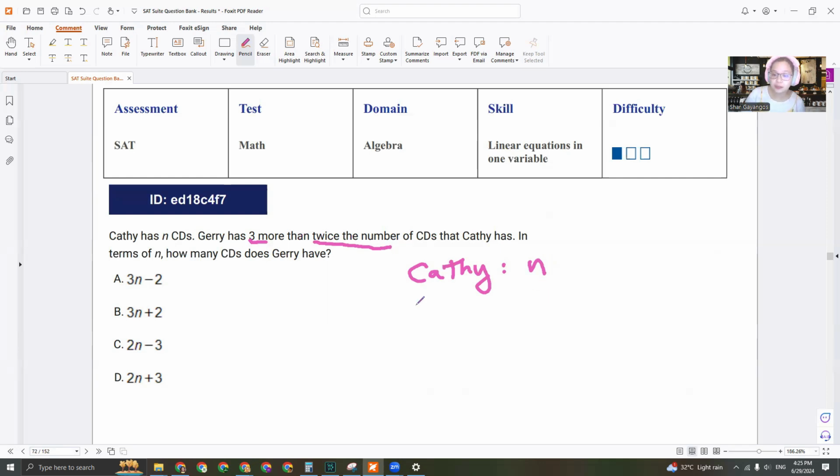So twice the number, let's label this as Jerry. Twice the number is 2n. And then add 3 more. That will be the number of CDs that Jerry has. In terms of n, how many CDs does Jerry have? 2n plus 3, which is letter D.